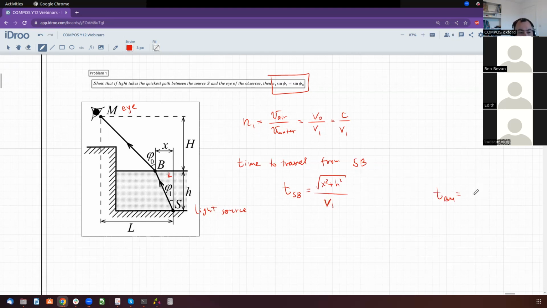And time BM, so that's going to be the time to travel from B to M. Well, it's the distance BM. So this is H. This distance BM is H.